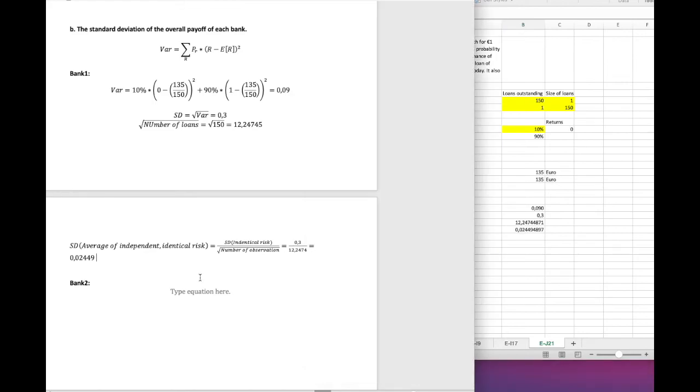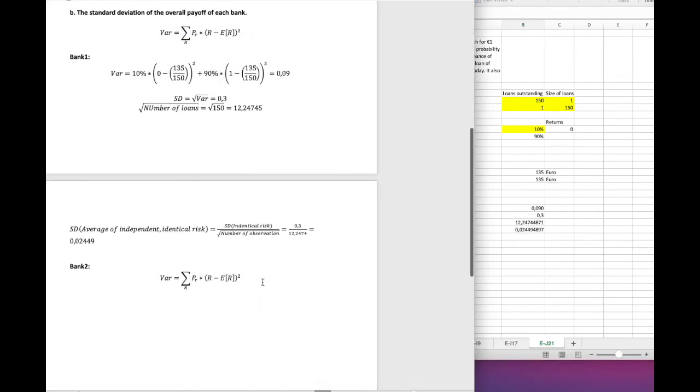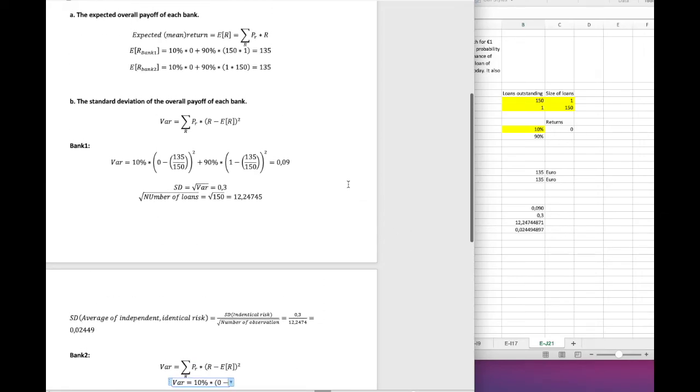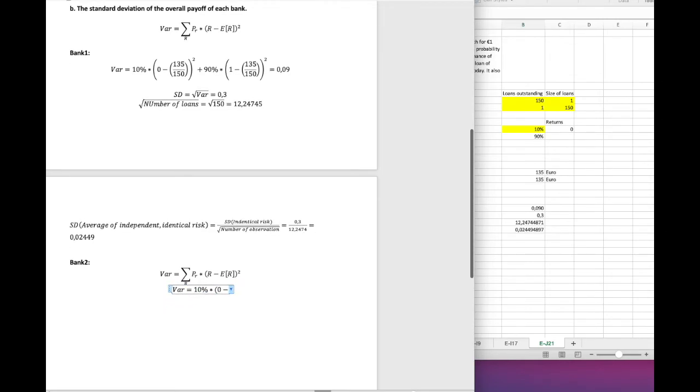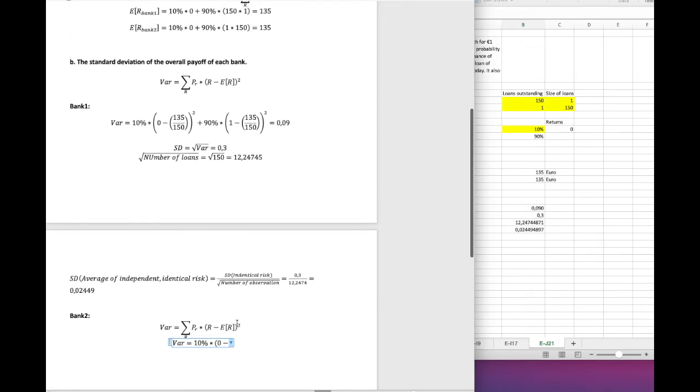Okay, I'll just write it into the text again. So the variance would be 10% of 0 minus the average, 135.